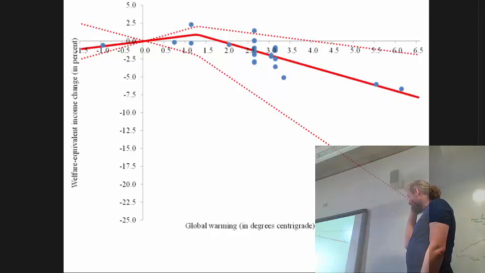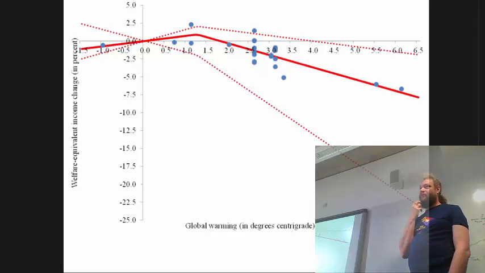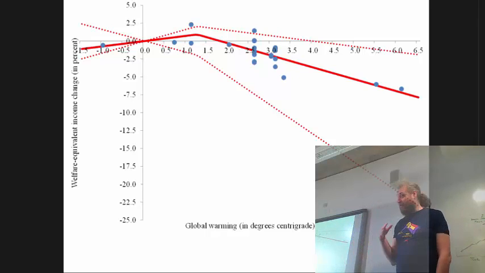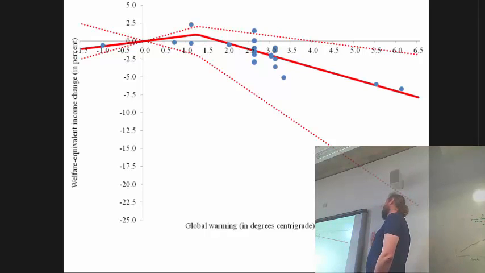The third message is the uncertainty of it all. So I sort of pointed out that different methods have been used, but they all seem to agree on the order of magnitude. It's a few percent of GDP, but at the same time, experts disagree on the sign, right?